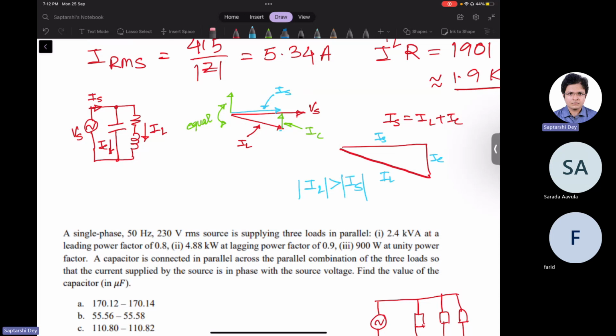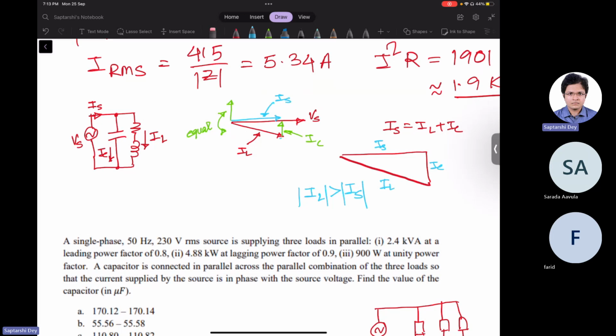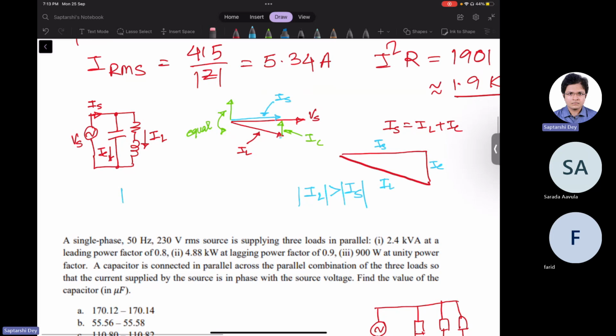Now remember, the power drawn from the source is the same because the capacitor does not draw any power. So the power drawn from the source is still the same, but the same power is being delivered at a much lesser amount of current. Now you see, all the losses in the transmission line, in the generator and everything, all the ohmic losses, are simply I squared R. And it doesn't matter whether this current is leading or lagging or unity power factor.